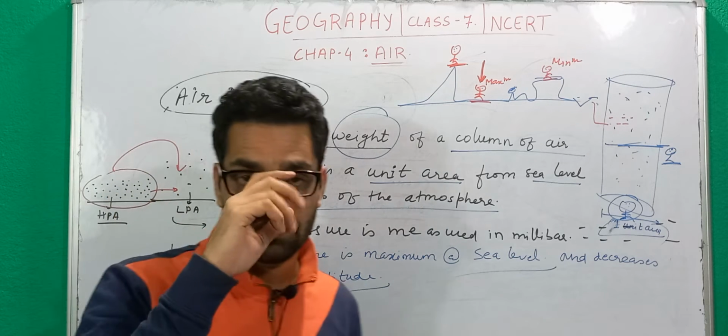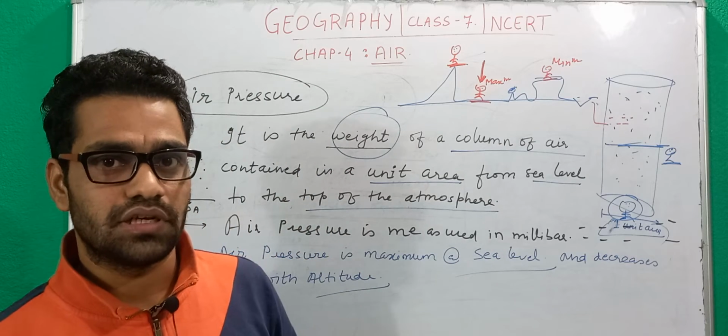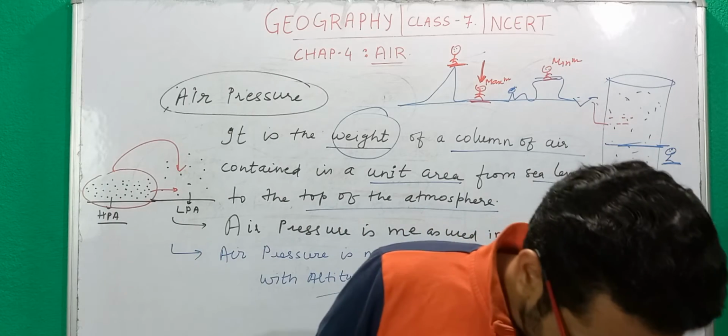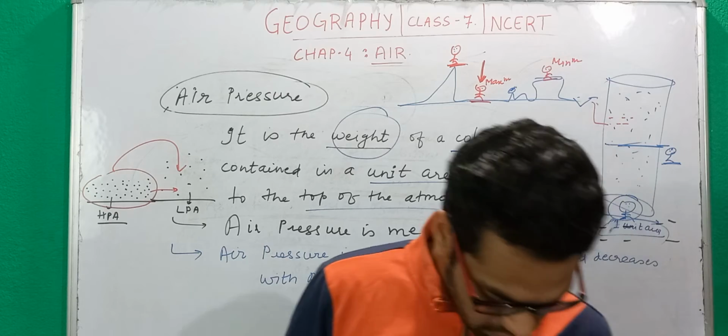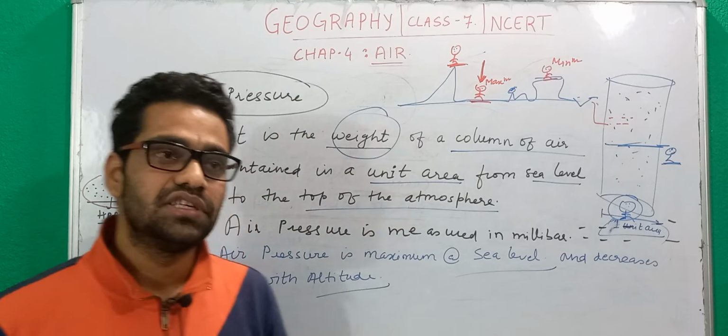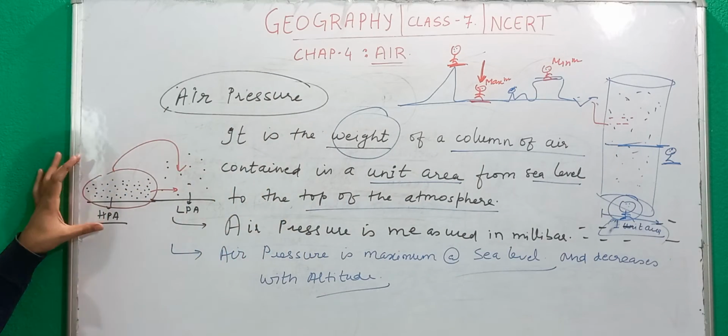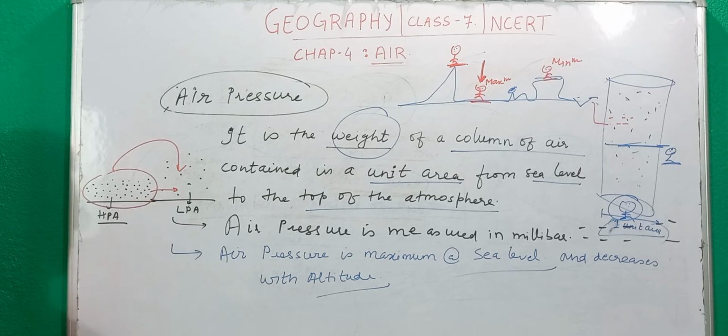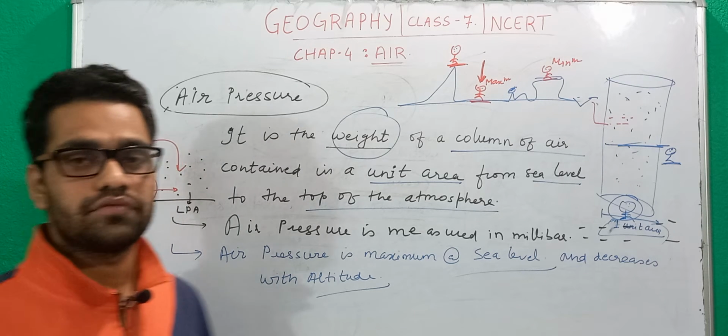That will be called wind. So that is the concept we will deal with now. High pressure area is an area where you have a larger concentration of air, and low pressure area has a lower concentration of air.